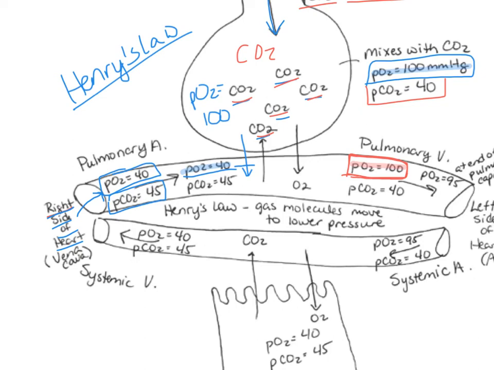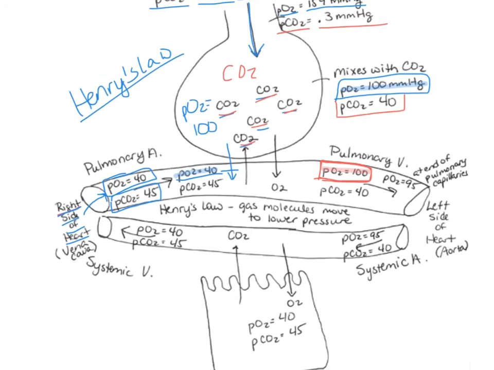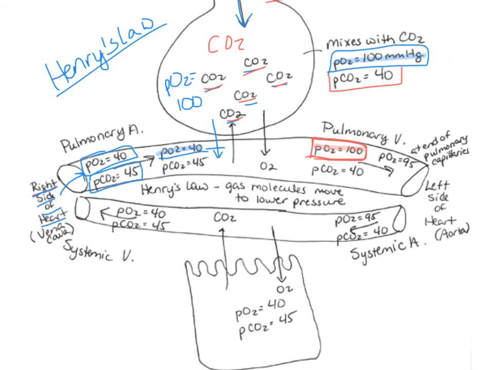Now it's going to head back through those pulmonary veins to the left side of your heart. So it's going to go back to your left atrium. As it is leaving the lungs, the capillaries surrounding the alveolus are merging together with capillaries that are just supplying the lung tissue. And so a little bit of oxygen is going to leave the capillary.